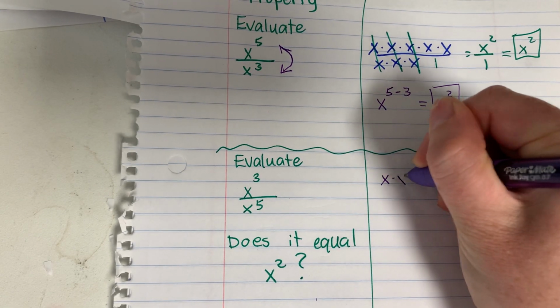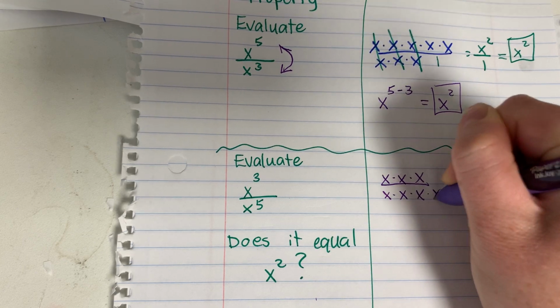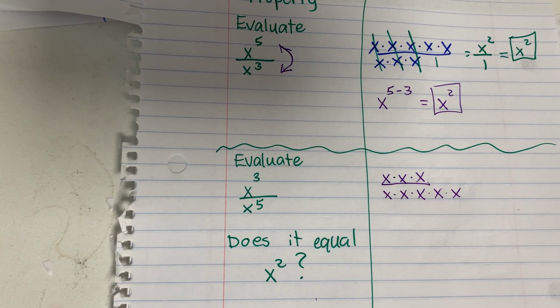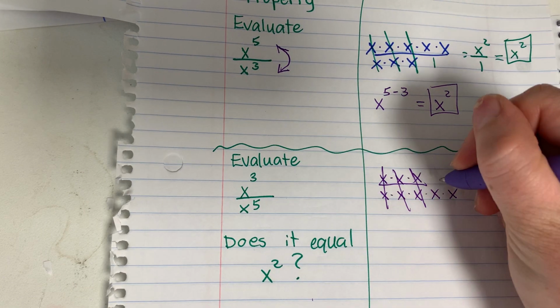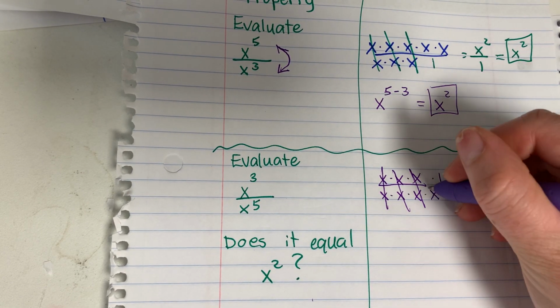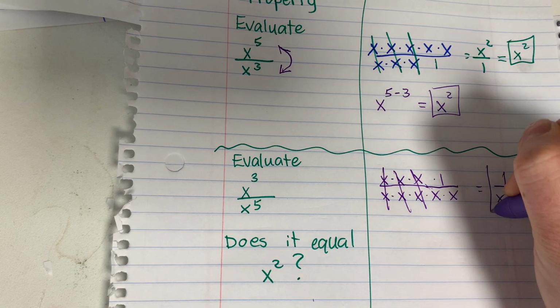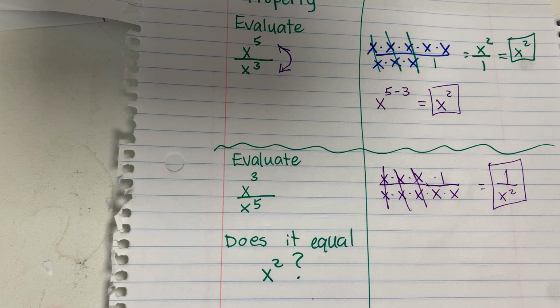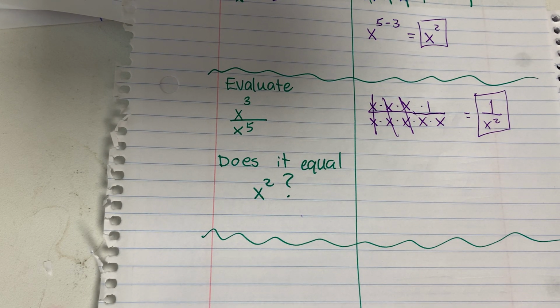Well, let's find out. We're going to expand it at first. Cancel, cancel, cancel. Remember, there's that invisible 1 up here. So that becomes 1 over x squared. So does it equal x squared?